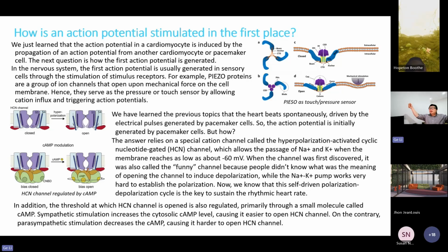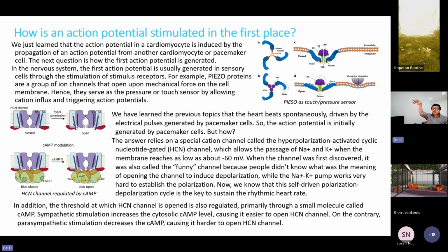So in other words, cyclic AMP can quantitatively determine the diameter of the HCN channel. More cAMP, wider open HCN channel. And wider open HCN channel, faster heartbeat. Next question: what conditions determine the cAMP? Actually, in the last class we talked about it.